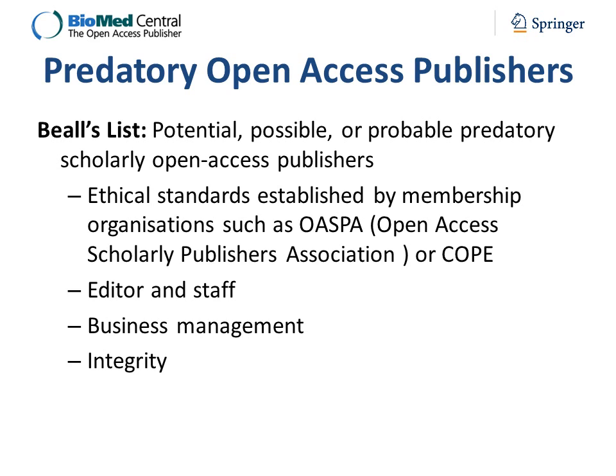You can visit the website. If you Google Beall's list, you will find all the criteria in much detail. But here are some of them. For example, he looks at whether the publisher adheres to any ethical standards established by membership organizations such as the Open Access Scholarly Publishers Association or HOPE. Also, he looks at the editorial policies.